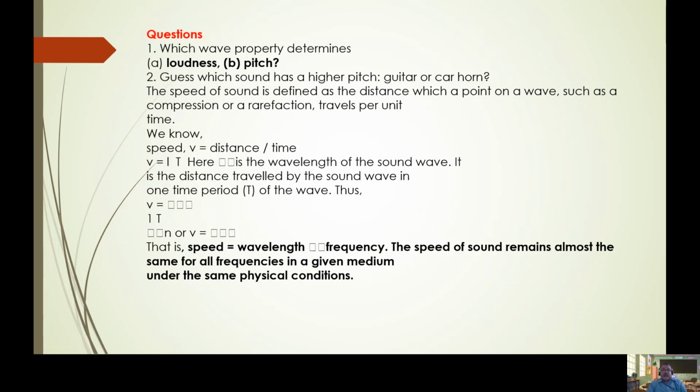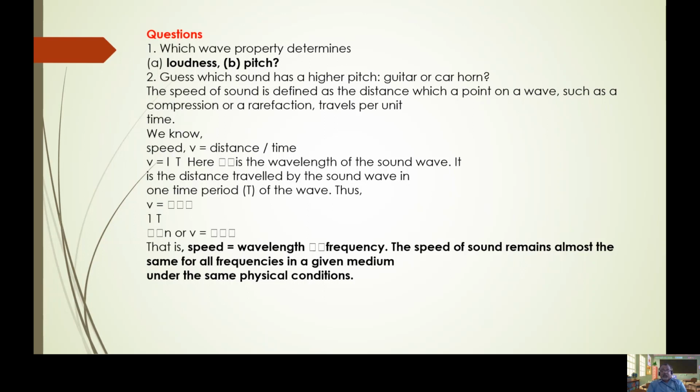The speed of sound is defined as the distance which a point on the wave, such as a compression or rarefaction, travels per unit time. We know speed is equal to distance over time. Here the wavelength of the sound is the distance traveled by the sound wave in one unit time, or speed is equal to wavelength times frequency.